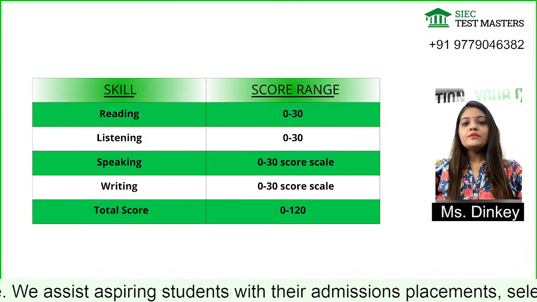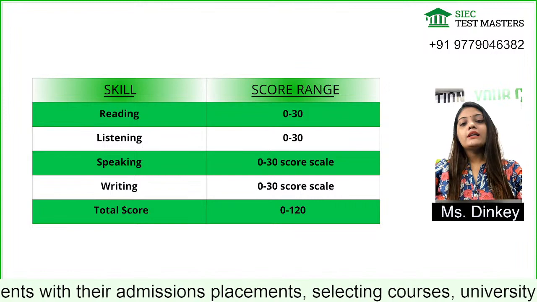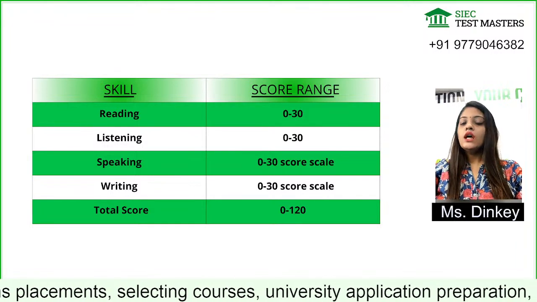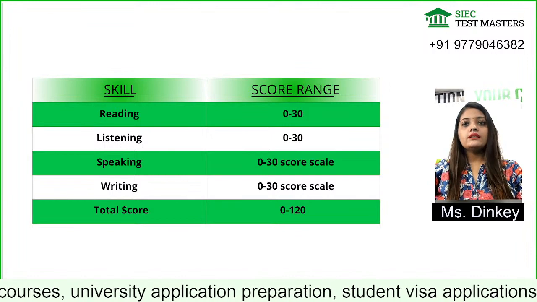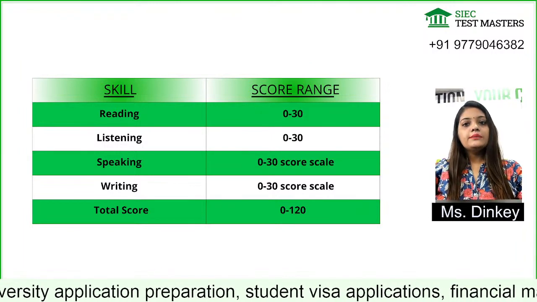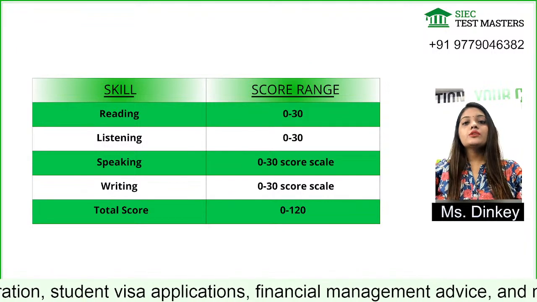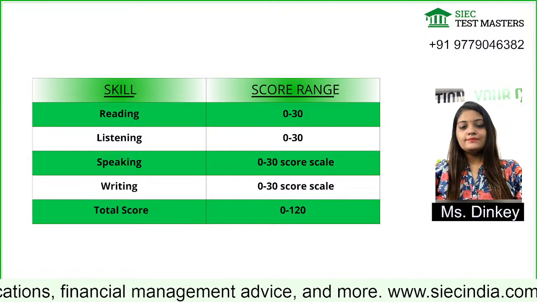Same in the case of writing. When it is graded manually, the scores are given out of 5, but with the scaling process of the computer, those scores are converted into 30. So it will be from 0 to 30, that is the score scale. So ultimately, the total scores will be from 0 to 120, that is, the minimum score is 0 and the maximum score that the student can get is 120.